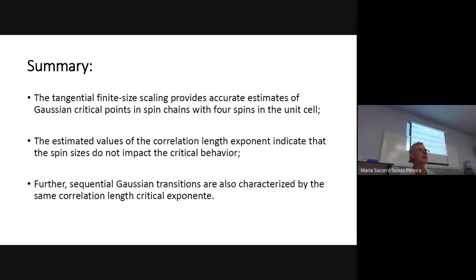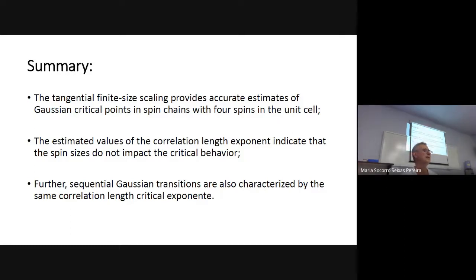We are very confident that this tangential finite size scaling analysis of Gaussian phase transitions is very accurate, and it provides the location of the critical point and the correlation length exponent very precisely.